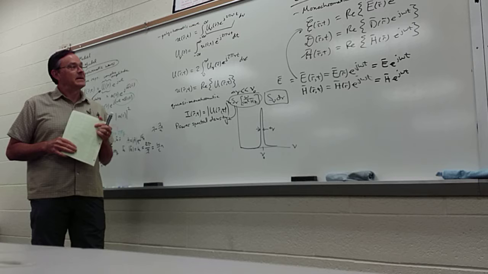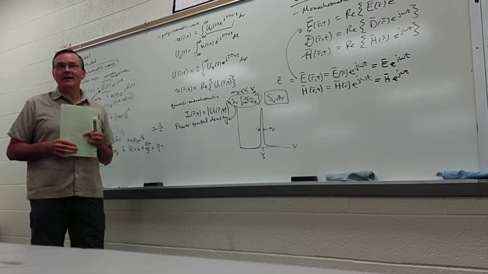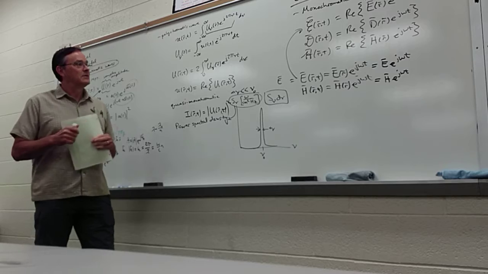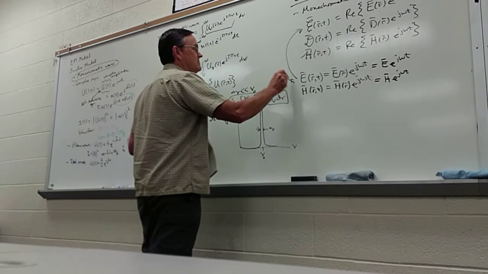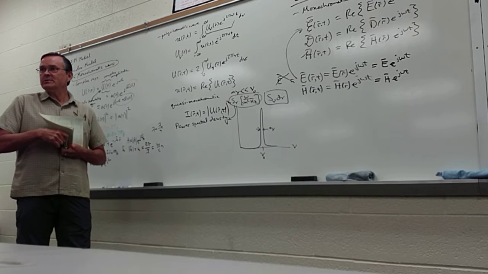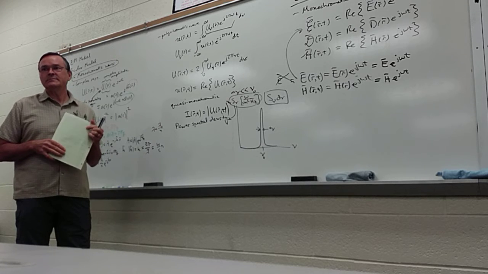Now, if we do that, clearly it would be easy to become confused. So my recommendation to you is, don't do that. But if you ever run across it in papers, you can figure it out.